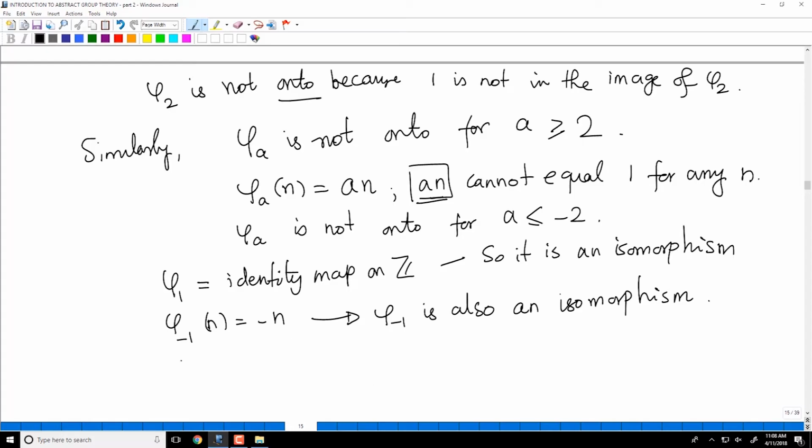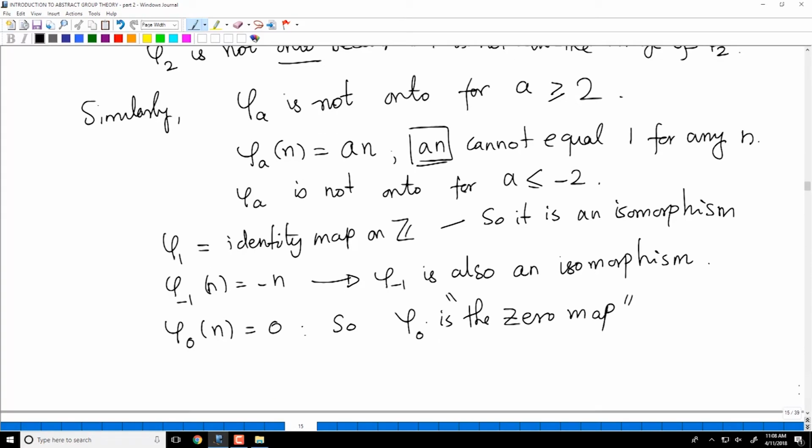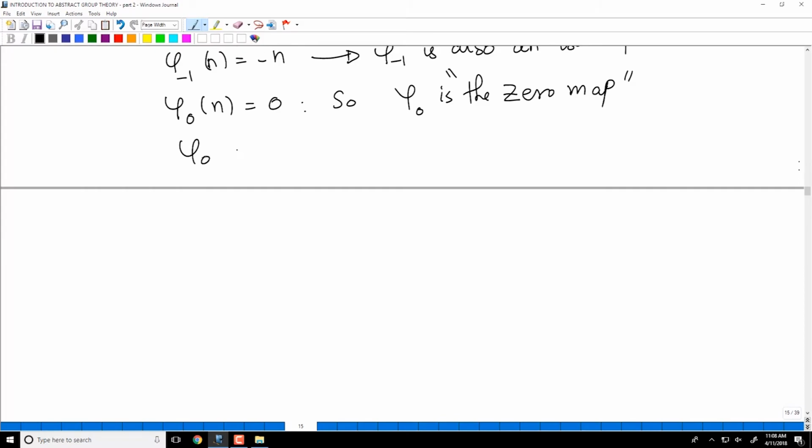What about phi 0? So we have addressed all integers greater than or equal to 2, less than or equal to minus 2, and 1 and minus 1. What about phi 0? Phi 0 of n is just 0. So phi 0 is the 0 map, which is to say phi 0 sends every integer to 0.